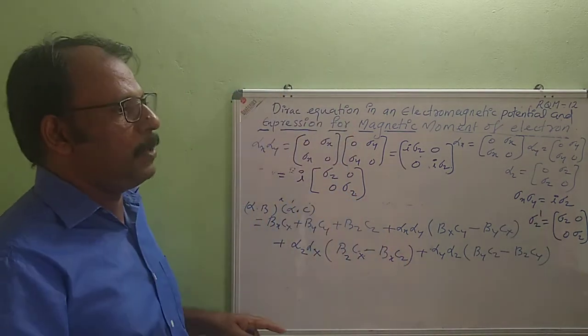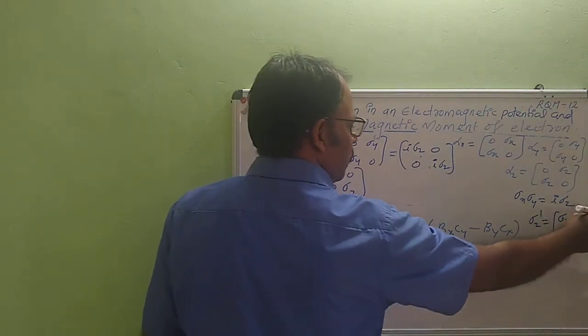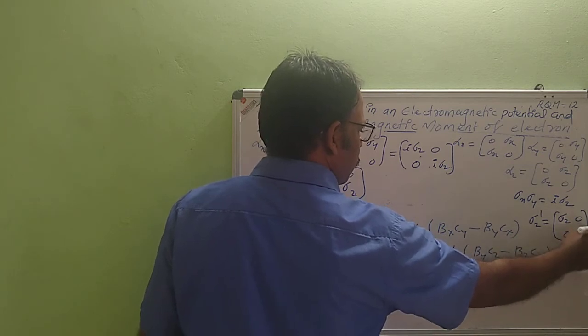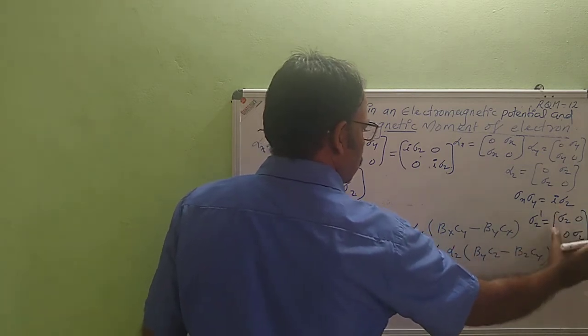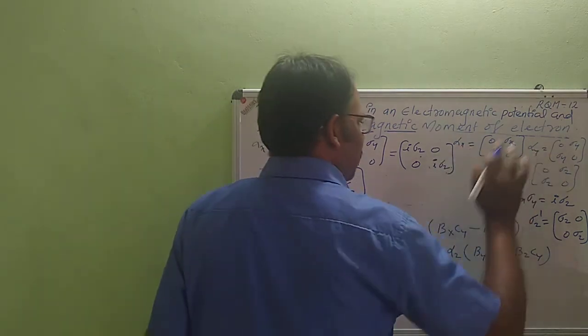It will be a 4 by 4 matrix. This sigma z is a 2 by 2 matrix, and this 0 is a 2 by 2 matrix with all the elements 0. So sigma z prime is a 4 by 4 matrix, just like alpha x and alpha y.